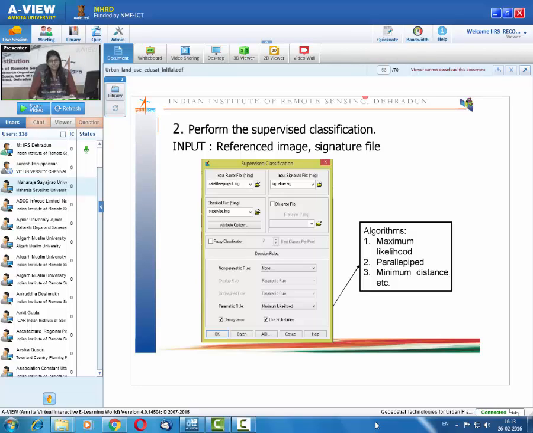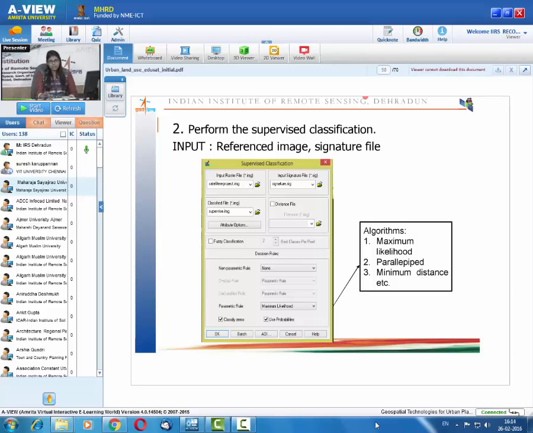When I say referenced image, it is also essential to understand that there are coordinates attached to every satellite image. So georeferencing, if not provided, has to be provided to the image. However, all images come with georeferencing. If you have to change the georeferencing system, you can change it by reprojection.